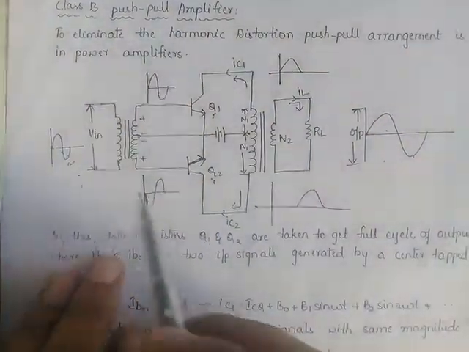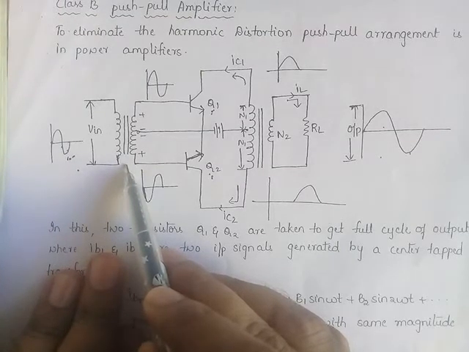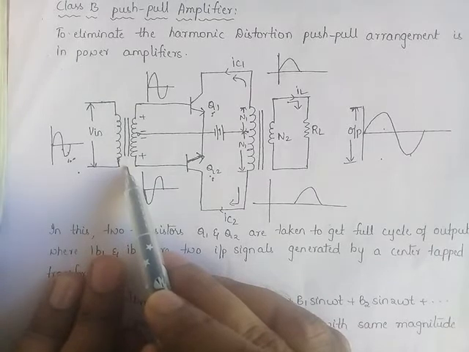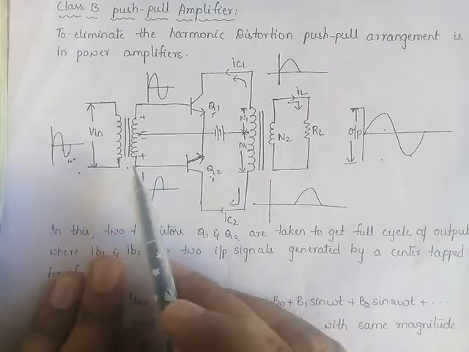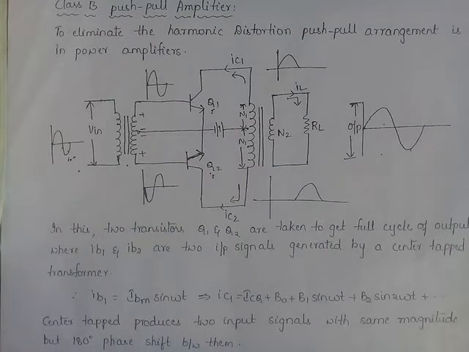And next, already in the transformer coupled class A power amplifier we have discussed some properties related to the transformer. The same properties will be applicable here. So in the design of the class B push-pull connection of power amplifier, why are we considering the transformer? To get high power at the output stage.